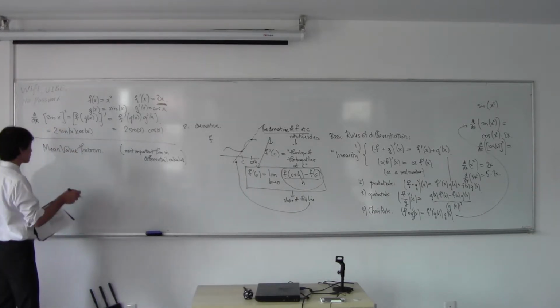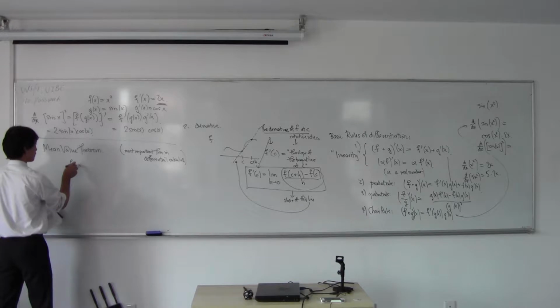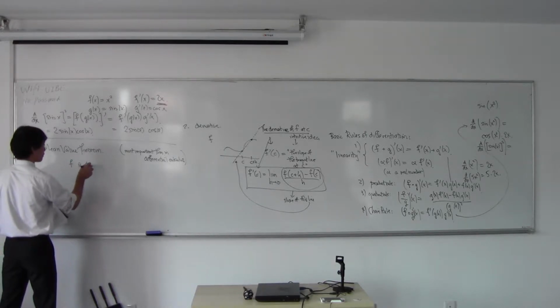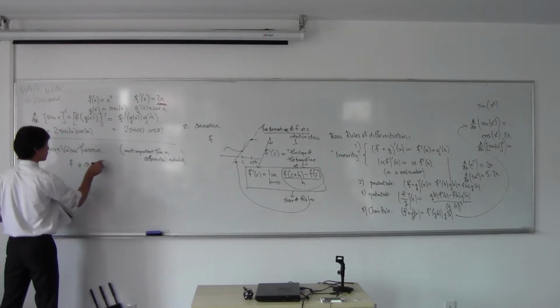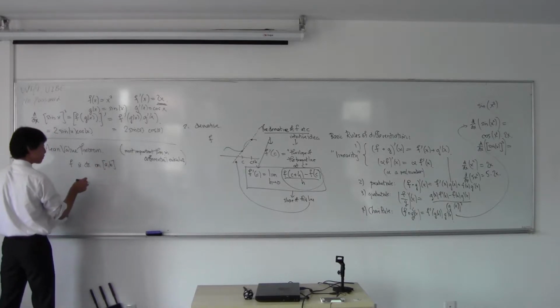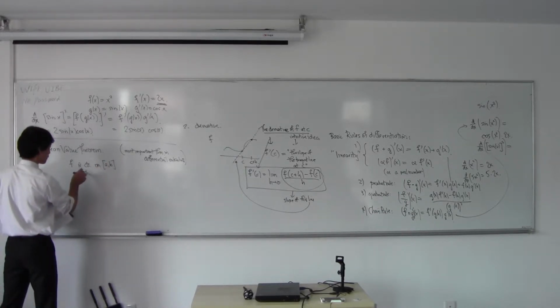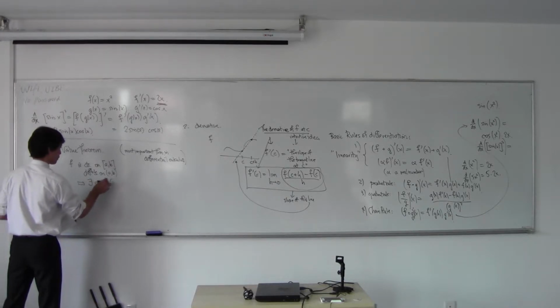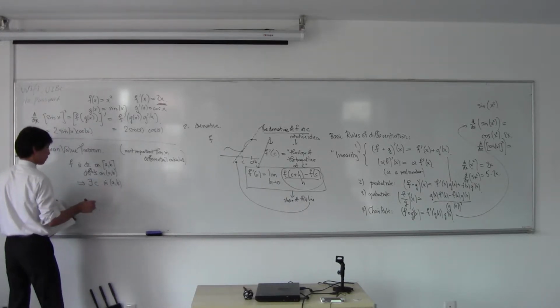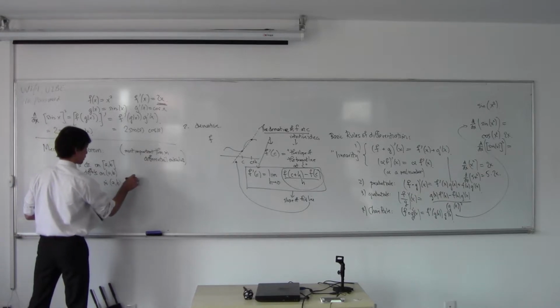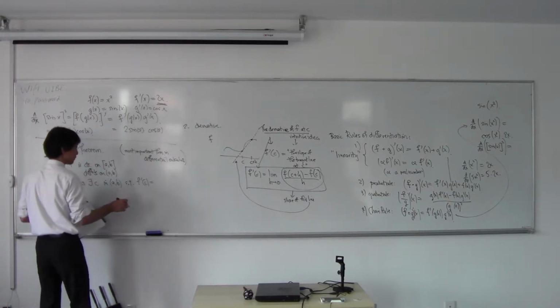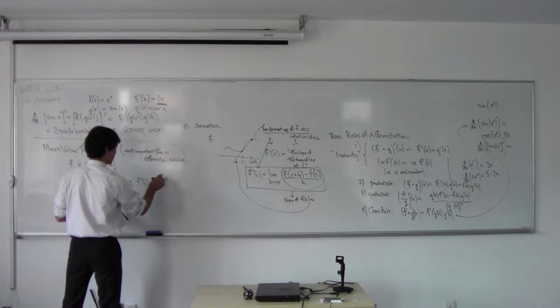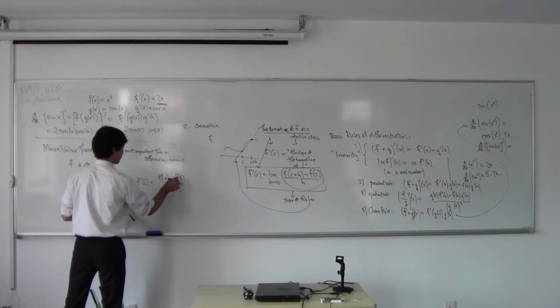If f is continuous on the interval [a, b] and is differentiable on (a, b), then there is a c, and f prime of c equals f of b minus f of a over b minus a.